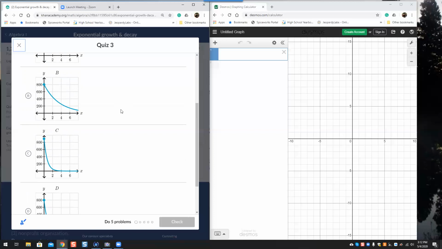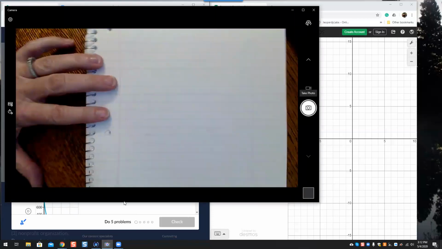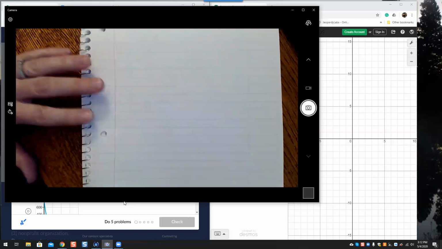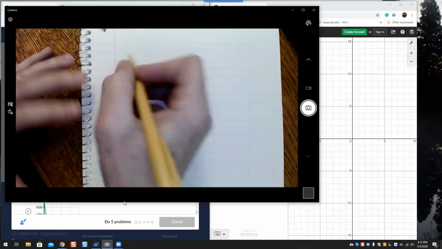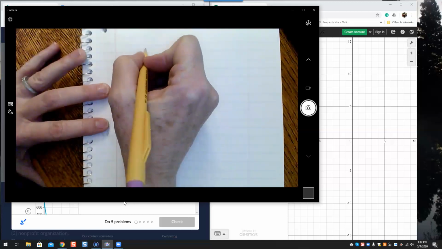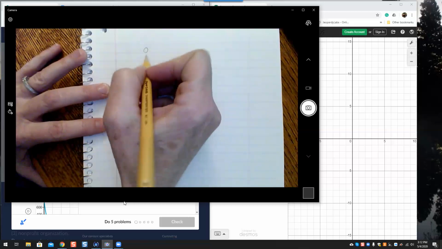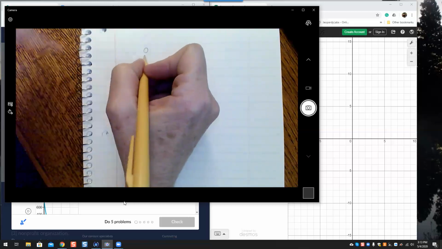But there's another thing you can do to make sure it's graph B, and that is to look at a geometric series. I'm just going to do a rudimentary geometric series. With a geometric series, or any kind of series, we're talking about terms. So at the first term, or year zero, we have 800 trees.